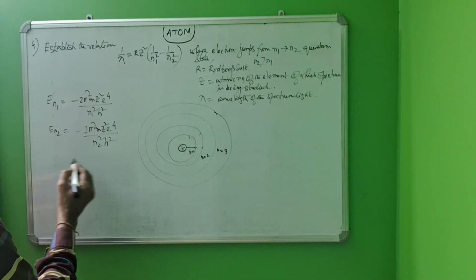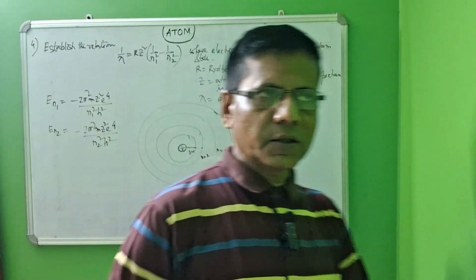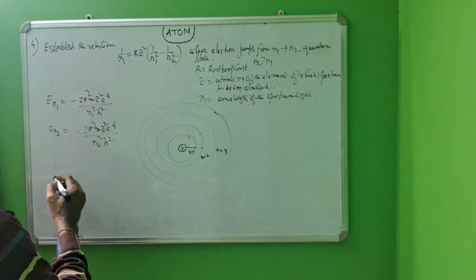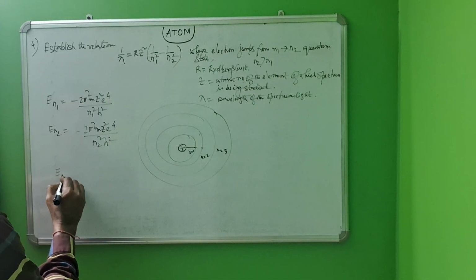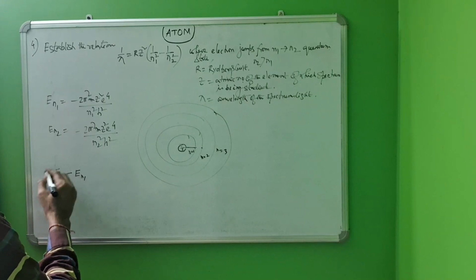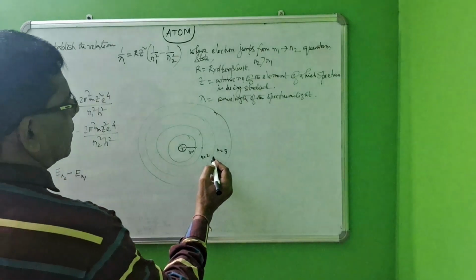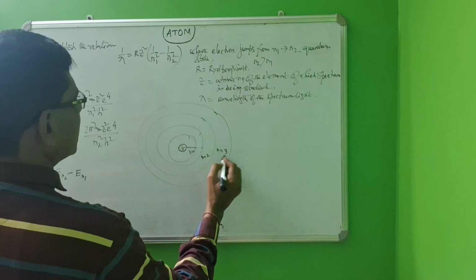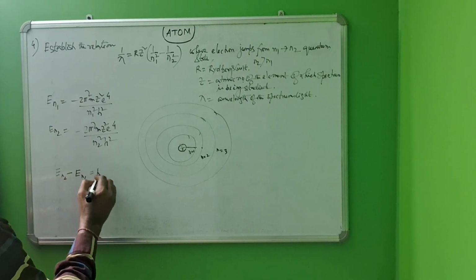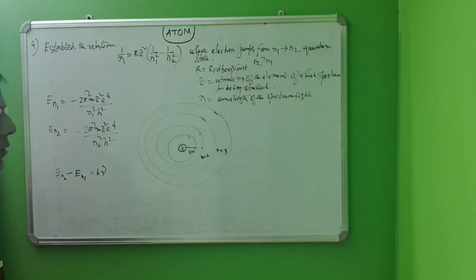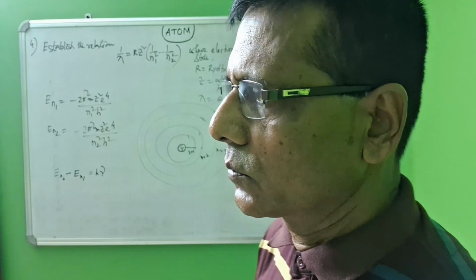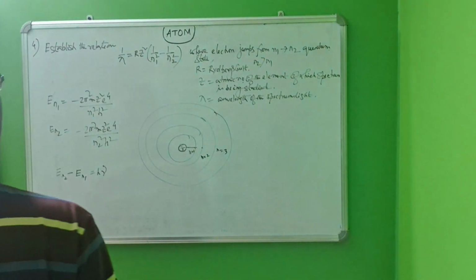So we can say by Bohr's postulate that energy equals En2 minus En1. This is n2, n3, n4, so E equals h nu. The energy of the photon which is emerging out can be written by this.